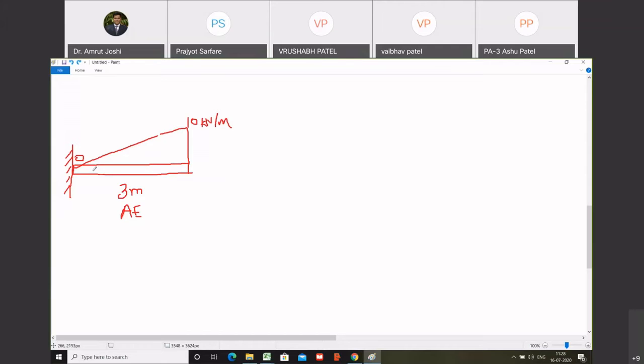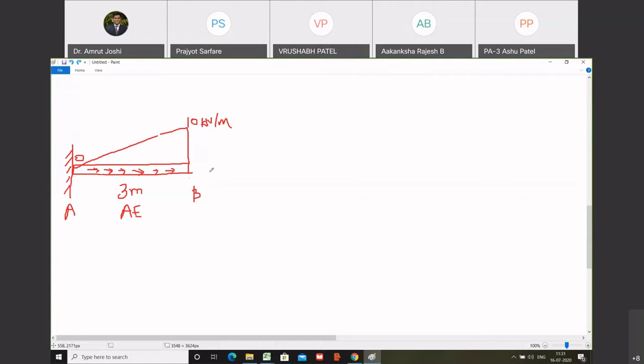This load acts in this direction. Are you with me? Okay. And let us make it tensile. It is acting in this direction. I have simply shown how its magnitude varies from 0 to 10 kilonewton per meter.